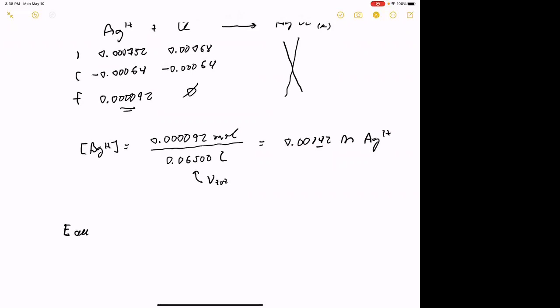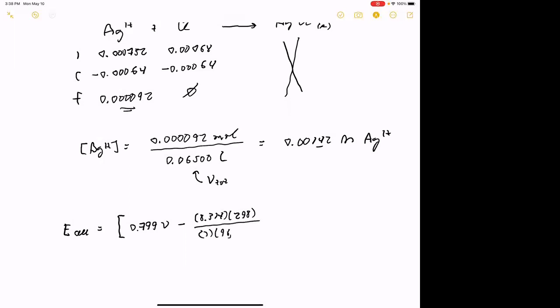So E cell is going to be the Nernst equation, of course, for the cathode, which is the thing that's responding to the silver ion. So you'll remember from the prior parts of the problem, that was my E0 for my couple, minus 8.314. This part doesn't change, times 298. That's my temperature. 1 electron being transferred.